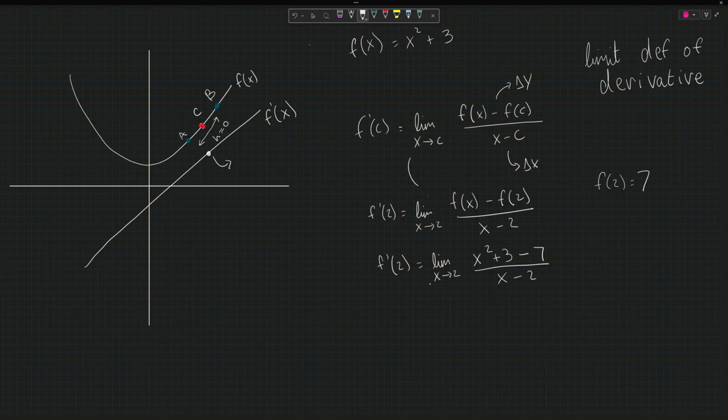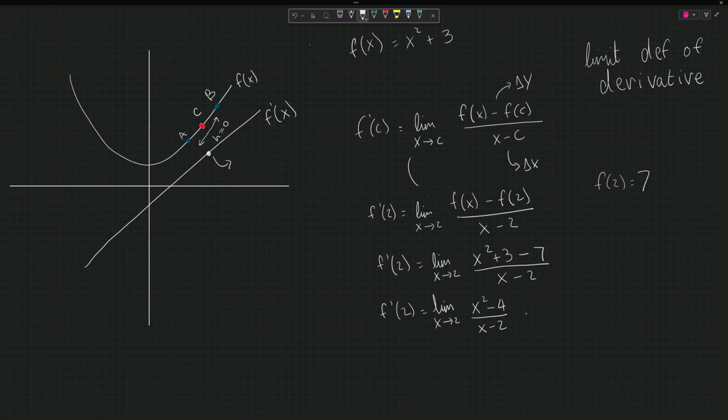So what I'm going to do is simplify this. And what this will be is f prime of 2 equals the limit as x approaches 2 of x squared minus 4 over x minus 2. And if you look at this, anytime you do something like this and the derivative exists, this will always simplify to something like this. So you can always factor out, like I said, so x plus 2 times x minus 2 is equal to x squared minus 4.